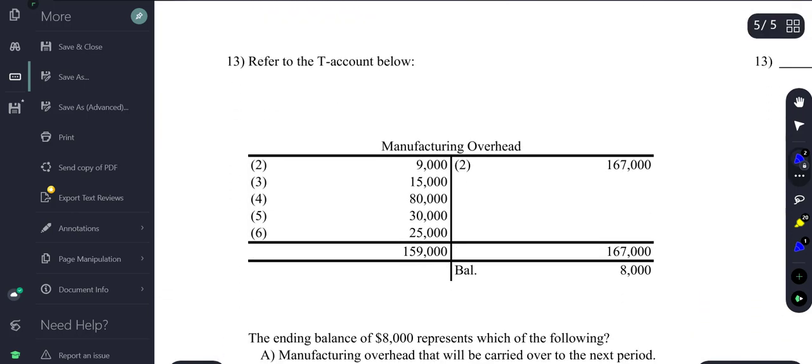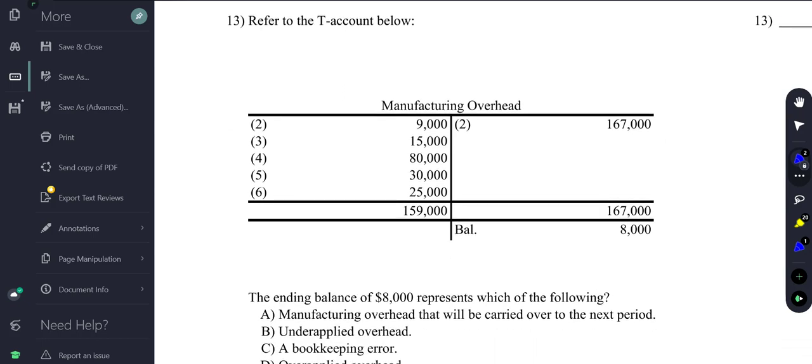Okay, number 13, it says refer to the T account below, and it gives us a list of transactions here. And it says the ending balance of 8,000 represents which of the following. So what we've got here is in manufacturing overhead, a series of costs where we've debited the cost directly to overhead. These are costs we've paid for, and we've identified them as belonging in overhead.